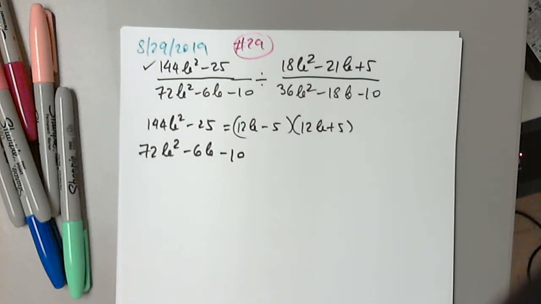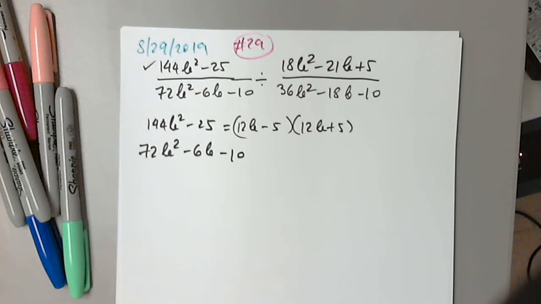Now let's take a look at 72b squared minus 6b minus 10. The strategy for factoring, let me refresh your memory. The first step, if you're giving me this polynomial to factor, my first thought is to ask myself, what is it? And my answer obviously is a trinomial. Then I ask myself, is it in descending order? The answer is yes.